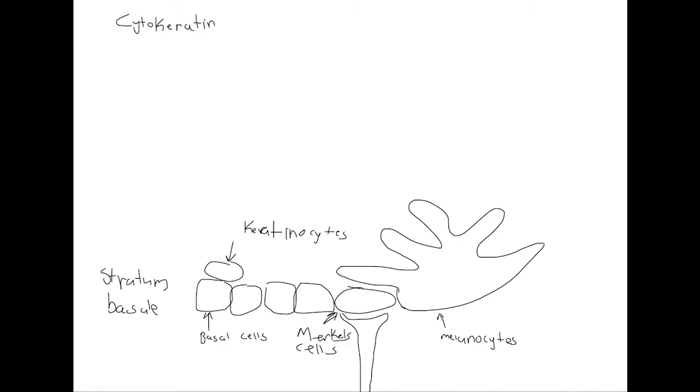And keratin is a protein, so it's produced like any other protein, and we've talked about that before, so we won't be going into too much detail about it. But we have cytokeratin, and what's going to happen to that cytokeratin? Well, it's actually going to eventually form keratin filaments.